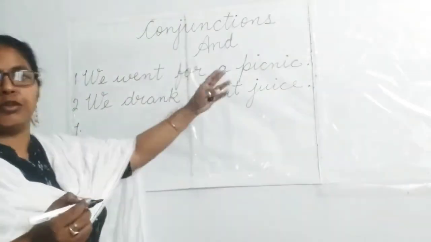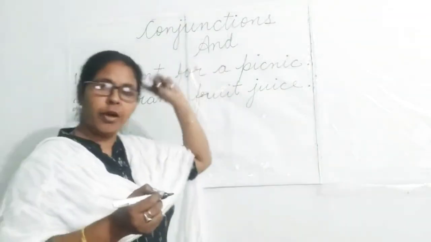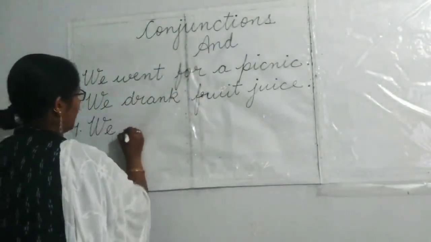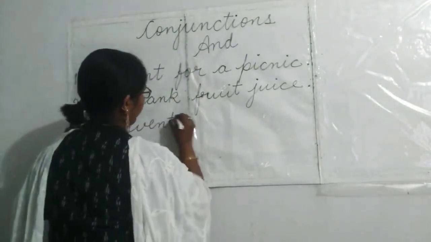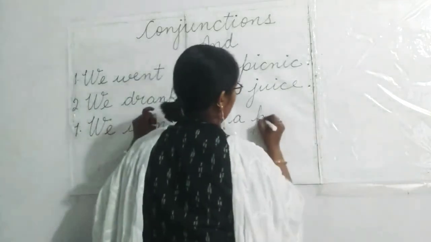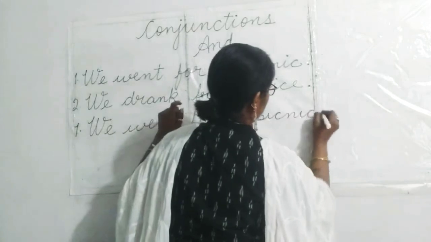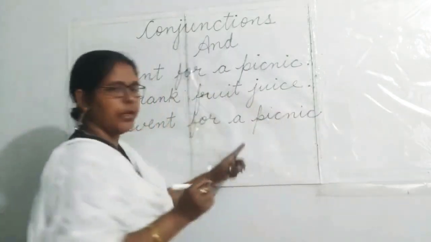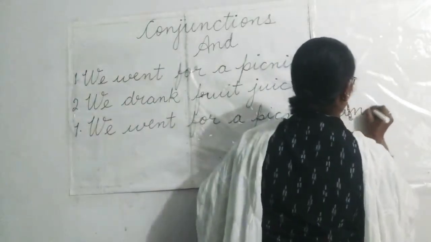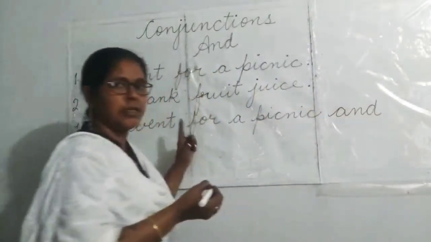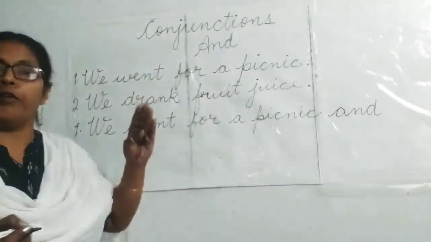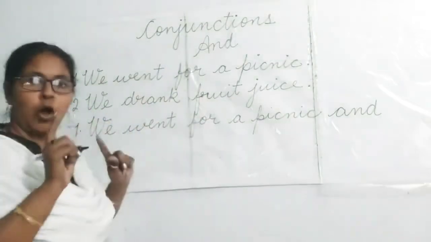So again I'm going to make it into one sentence with the help of and. So we'll write it here. We went for a picnic. See, in the same way I have copied the first sentence. Then we'll write here and. We'll join the second sentence, but we are not going to put we again here. Cut off we and start with a small letter. Okay?